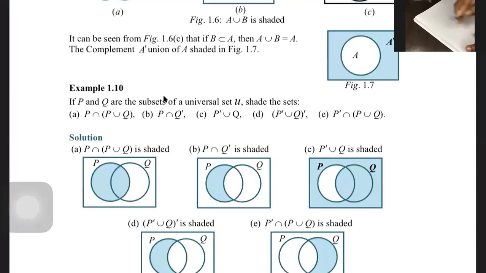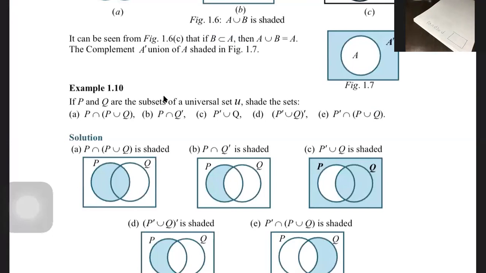Good. So I have my Venn diagram. P intersection, in brackets, P union Q. So this is it. Always solve the one in the bracket first.